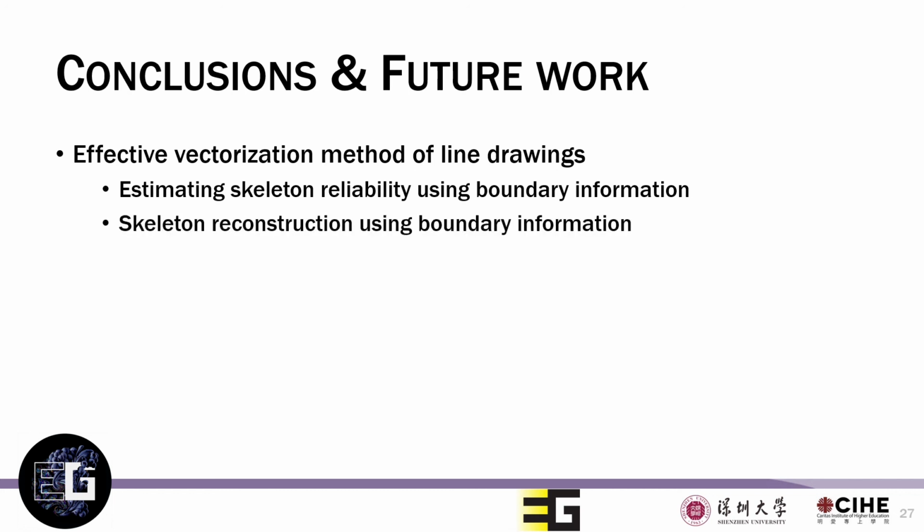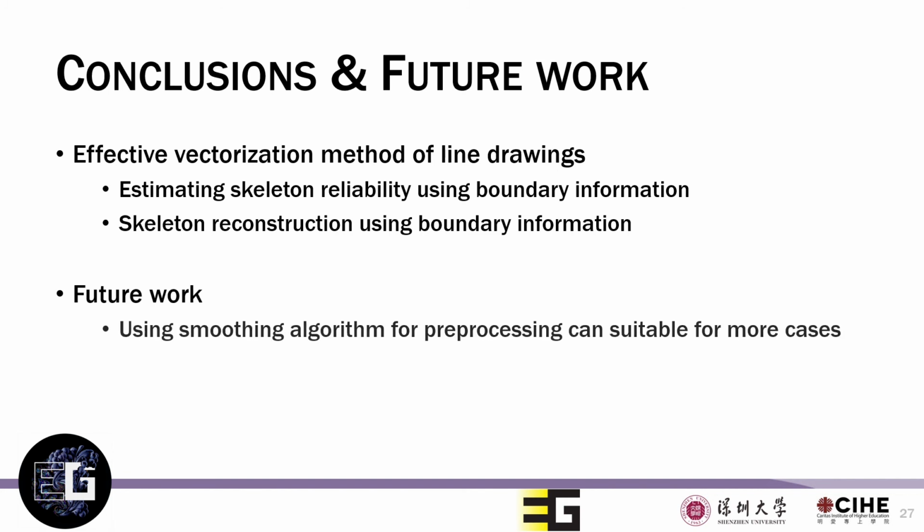Then the topology of reliable skeleton points is retained, and the topology of unreliable skeleton points is reconstructed using the boundary and the topology. Our method can be applied to more cases if line drawings of specific art styles are pre-processed using a smoothing algorithm.